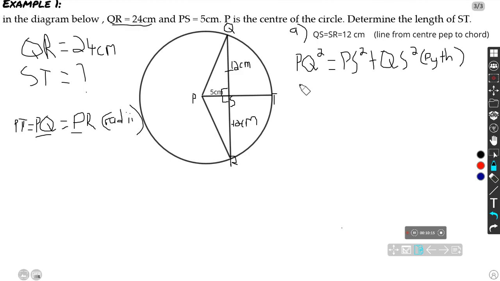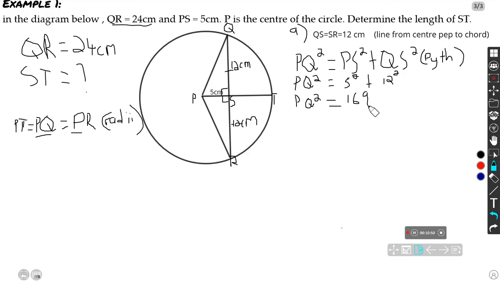Then substitute. We're looking for PQ, so we have PQ squared. Therefore PQ squared is equal to, what is 5 squared? 5 squared is 25. And 12 squared is 144. Adding the two, it gives us 169.